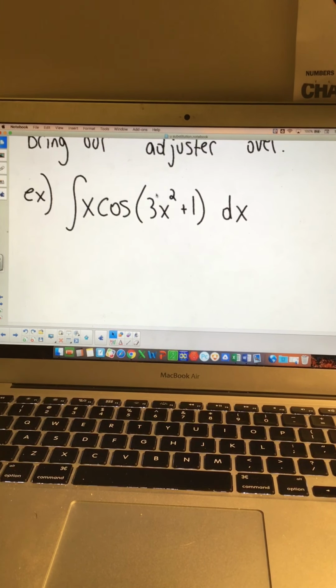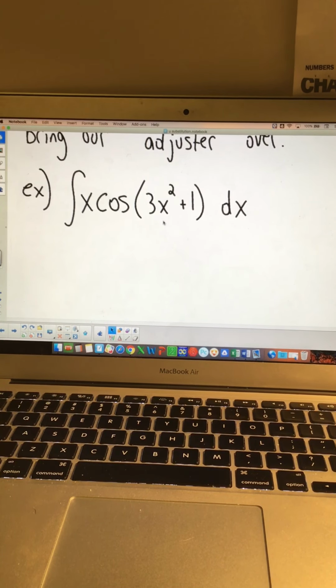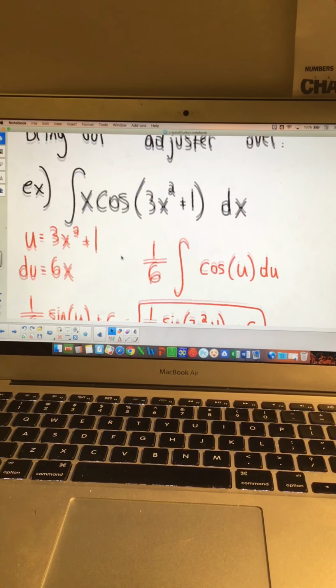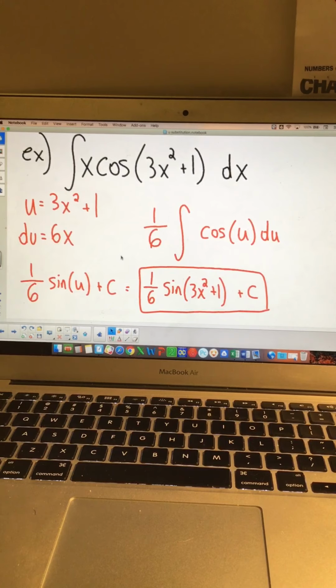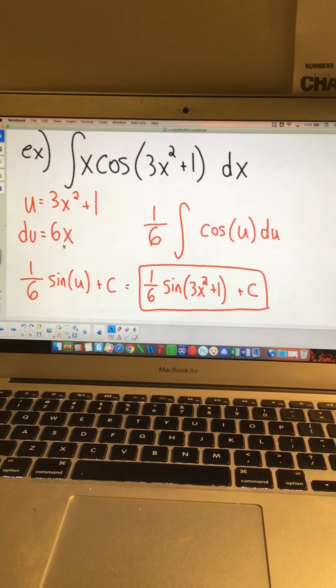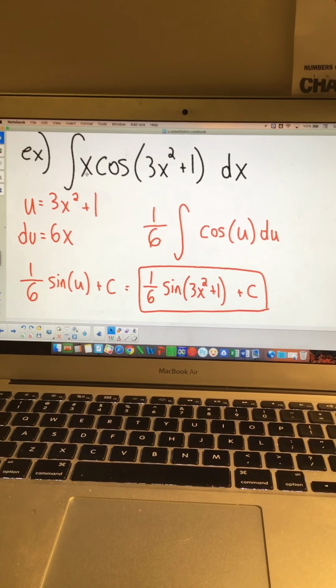So here we go. We got a trig function. This is u, right? Well, when we get du here, here's what happens, which is a little different. u is the 3x squared. du is 6x. We need it to be an x, though.